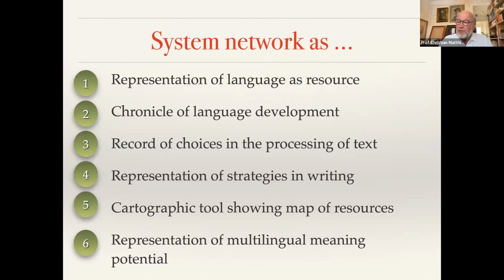The representation of strategies in writing, semantic strategies for developing text in writing. Then fifthly, system networks as a cartographic tool showing maps of resources so we can navigate around the resources, lay them out, and decide on the progression through the description. And finally, the representation of multilingual meaning potential using system networks.